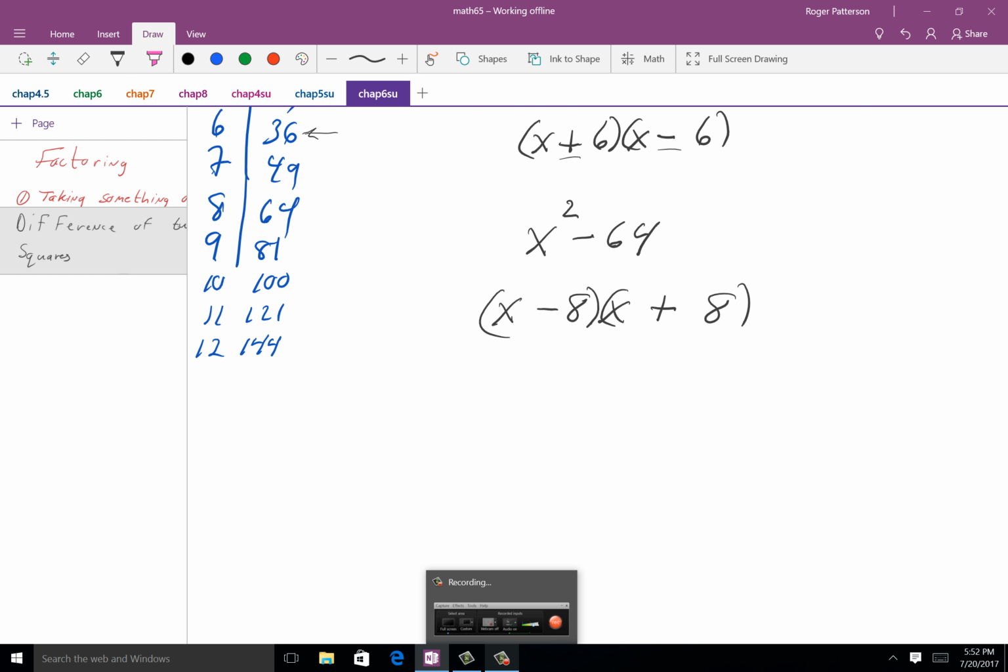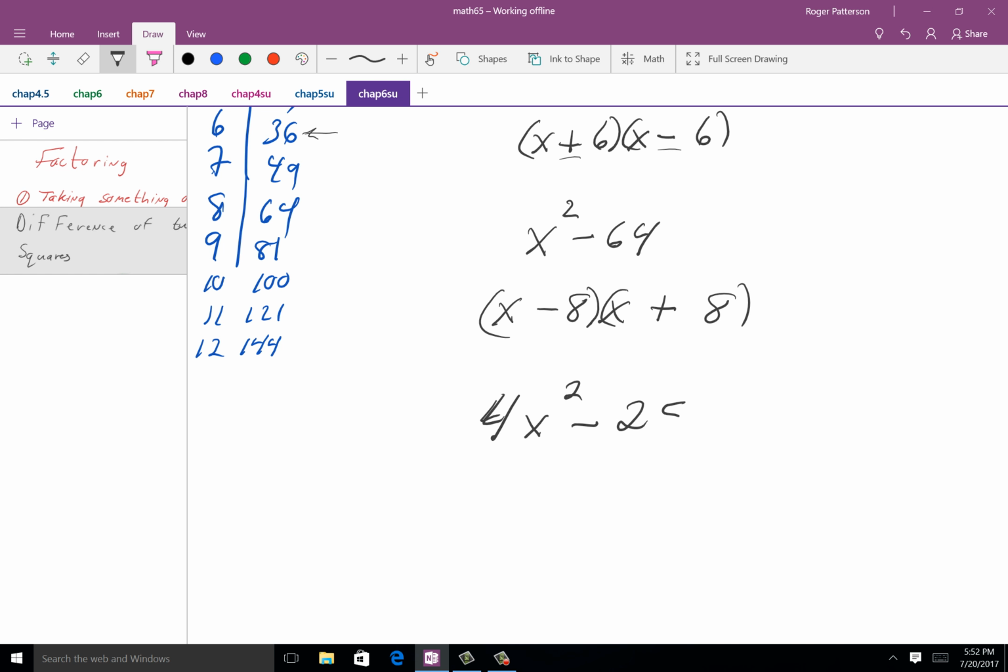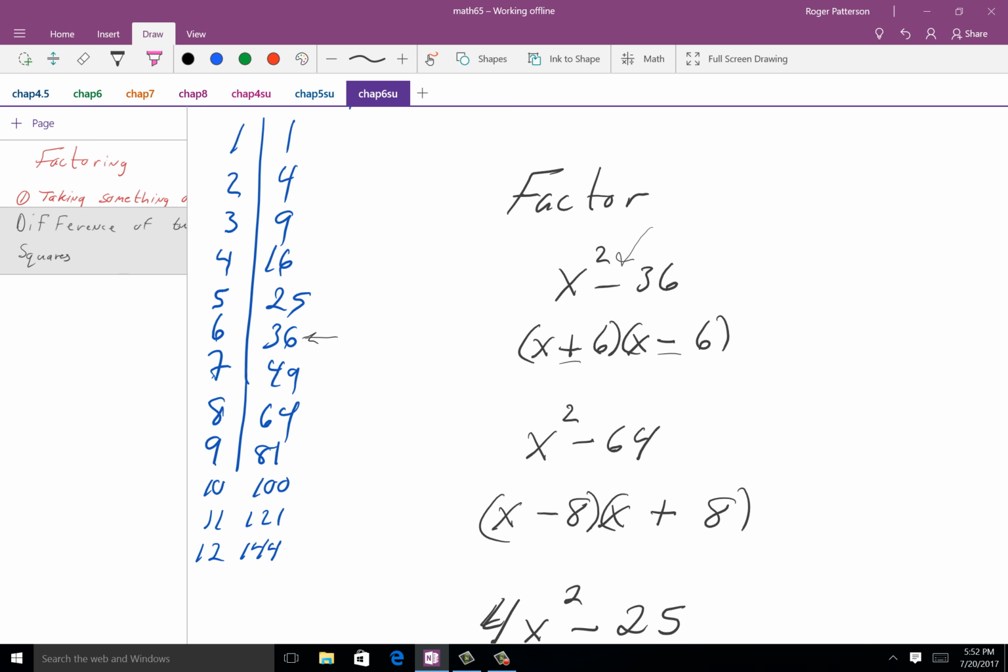Now you will also see some that look like this. Okay, so in this case we have 4x squared minus 25. This is also a difference of two squares because not only is the 25 a perfect square, but the 4 is also. So if we look on this chart, we see we have 4 and 25.